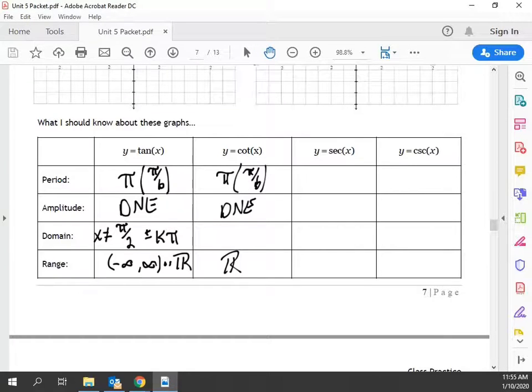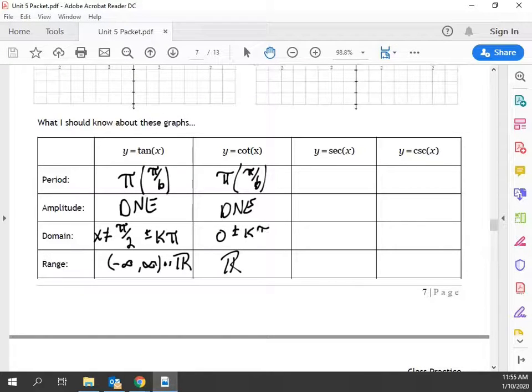Where is the first asymptote for cotangent? 0. If you looked on the graph, where is the first asymptote located? Y-axis is where it starts. That's good, at 0. Where's the next one at? Pi. And it's every pi afterwards, right?